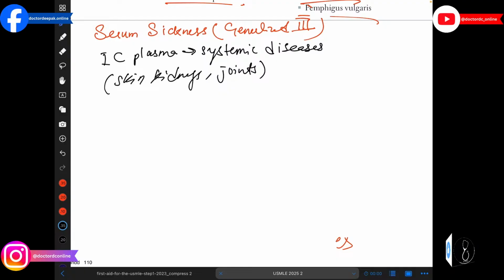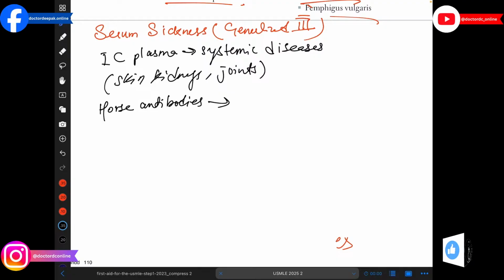What happened in the previous time? They were given passive immunization. What is passive immunization? We are giving preformed antibody to a human being, such as host antibodies.